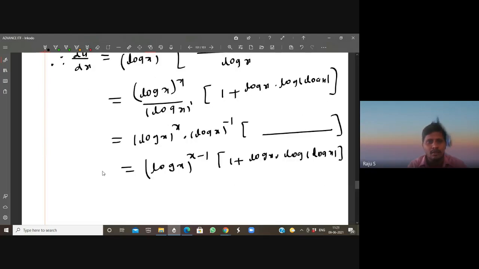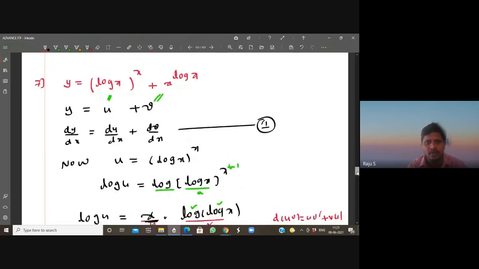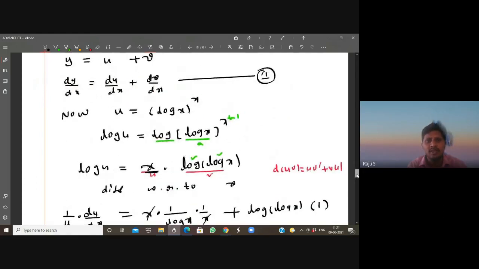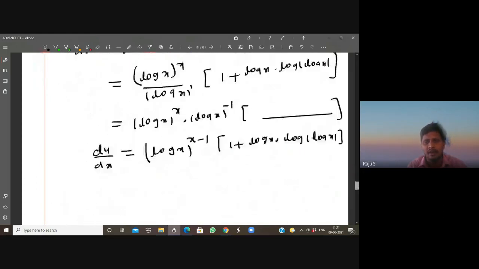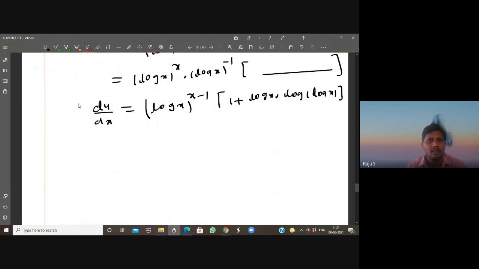Okay, students, this is du by dx. Fine, I'm taking LCM. Now take v. v is x power log x, and v is equal to x power log x.